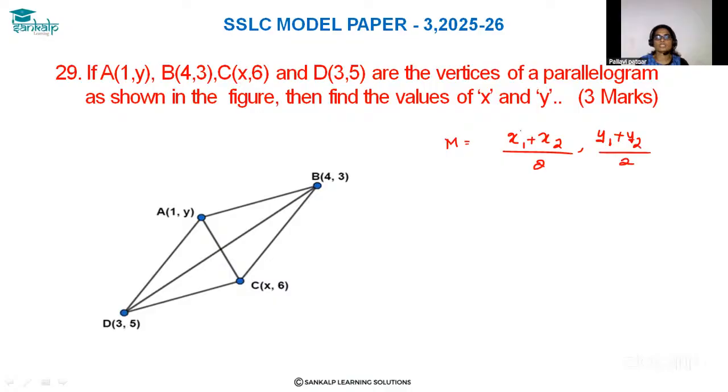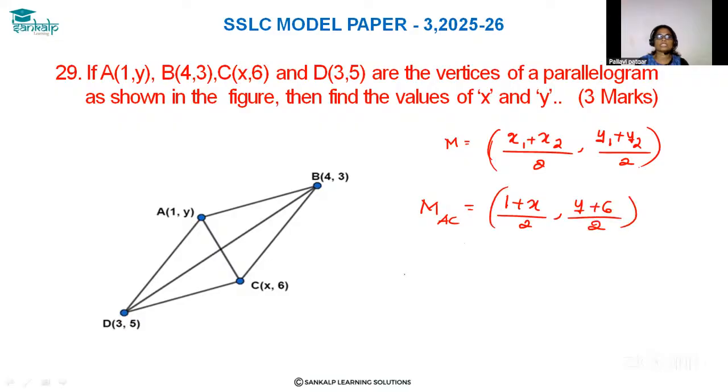So this is the midpoint formula. So first find the midpoint of the diagonal AC. So midpoint of the diagonal AC is equal to ((1 plus x) divided by 2, (y plus 6) divided by 2).